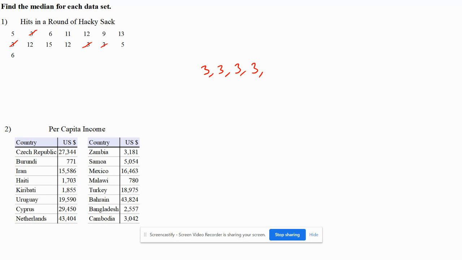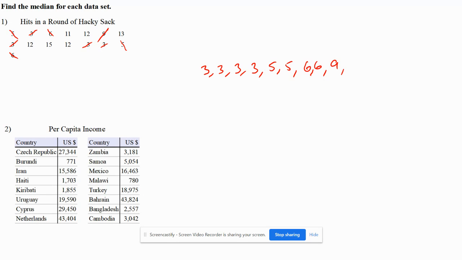All right, after 3, the second smallest number is 5. And I happen to have 2 of them. You guys see there's 2 of them. So after 5, it's 6. And I happen to have 2 of them as well. After 6, the second smallest is 9.